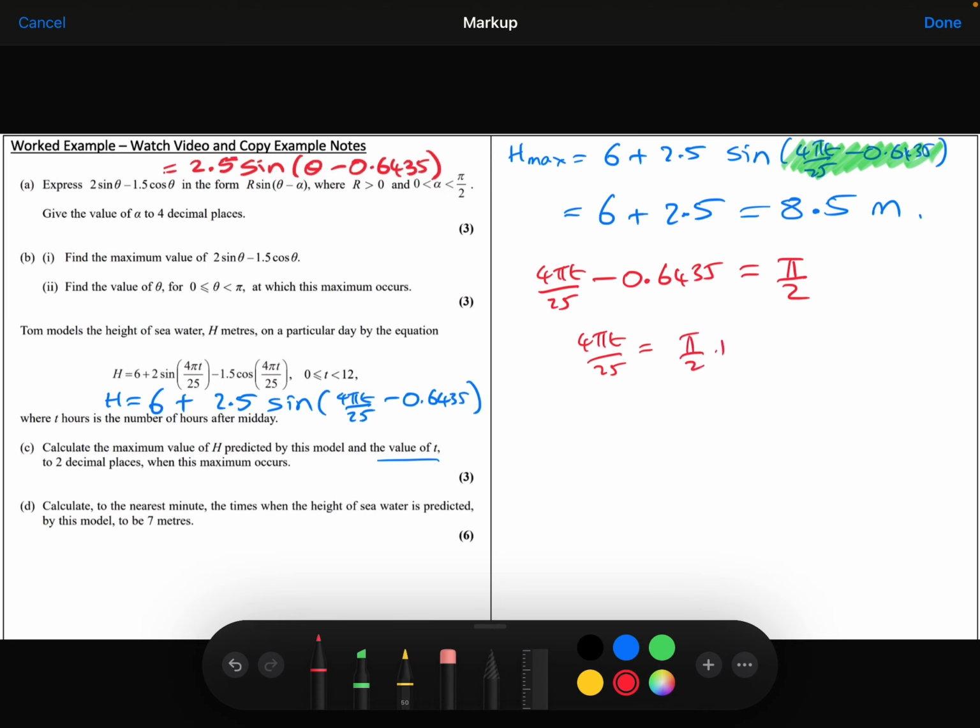So I will now add the 0.6435 to the pi over 2. I am then going to multiply by the 25, and then divide by the 4 pi.